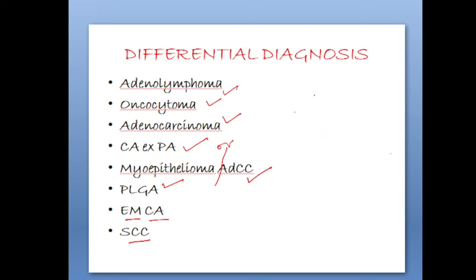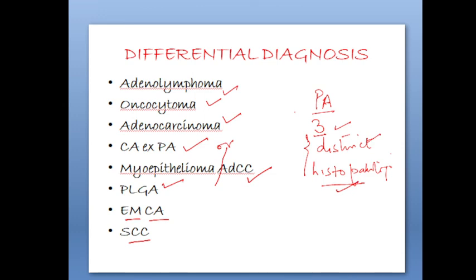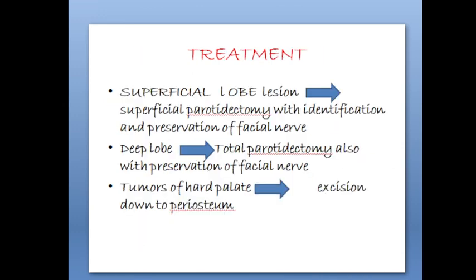The rule of thumb is that pleomorphic adenomas contain 3 distinct histopathological components, and if any tumor contains all the 3 distinct histopathological components, then only it is pleomorphic adenoma.